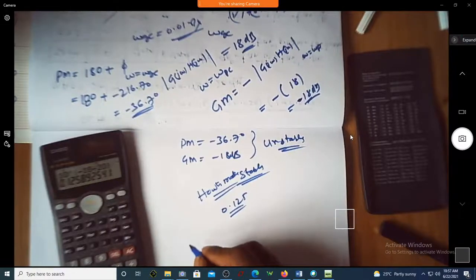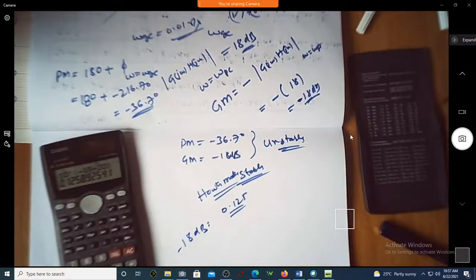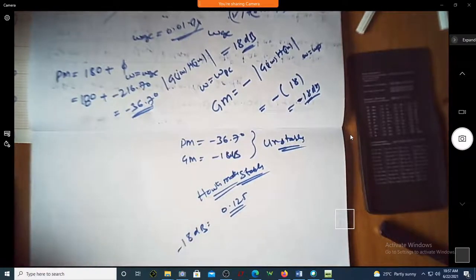So this minus 18 dB is equal to... What does a gain margin of minus 18 dB mean? How do I make this system stable? Somebody? So it should be close to 1 dB, sir. How do you make it?